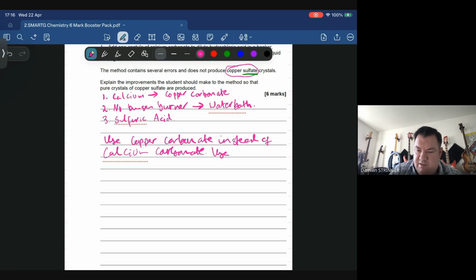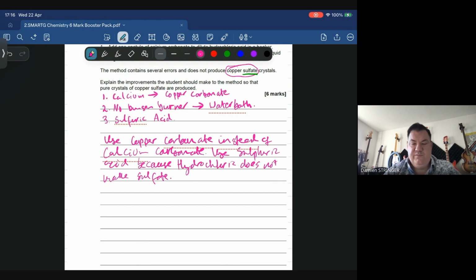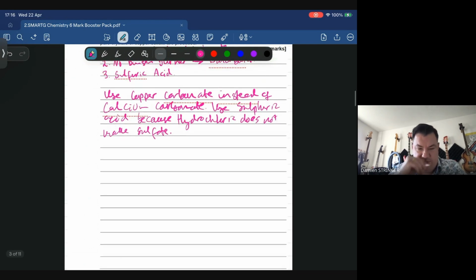Use sulfuric acid because hydrochloric does not make sulfate. So we've answered the bit about the improvements, and then we'll include the bit about the Bunsen burner later on.